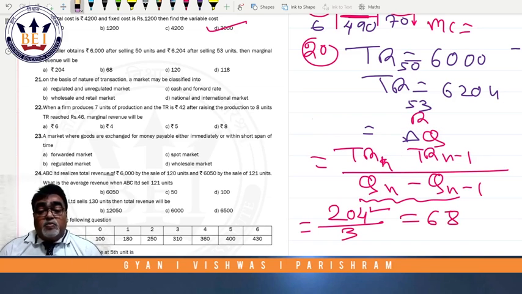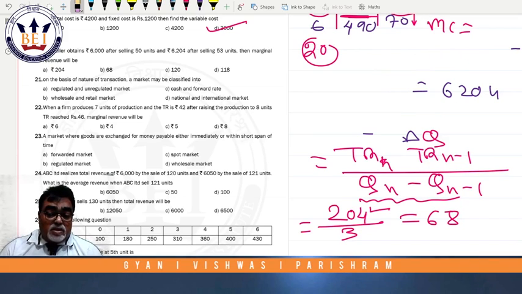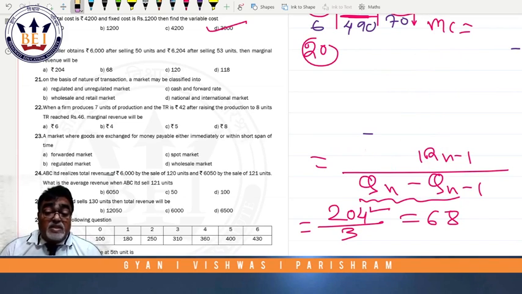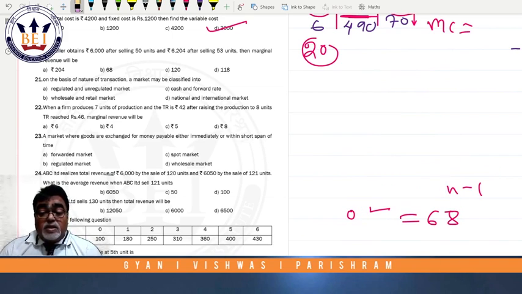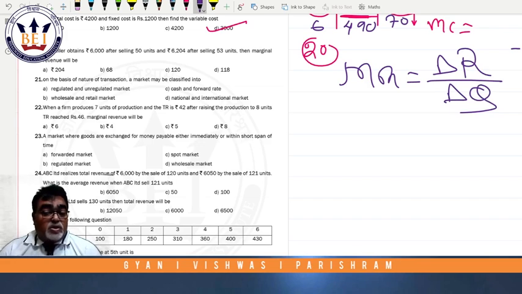I repeat once more, total revenue for 50 units is given as 6,000, and for 53 units it is 6204. If you simply deduct, it won't give you the total answer. Why? Because marginal revenue is nothing but change in revenue due to an additional change in quantity sold.